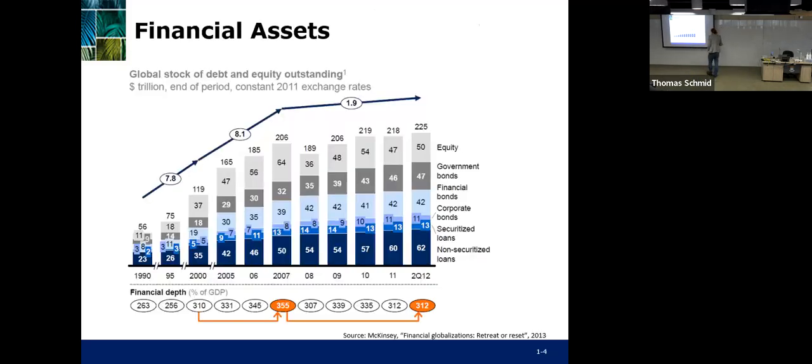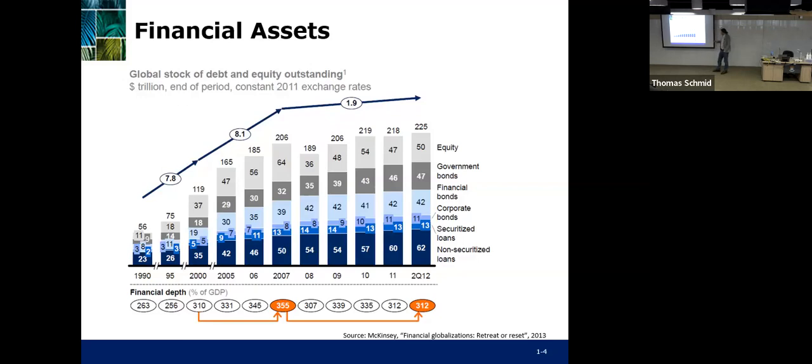So, having that in mind, I want to show you a little bit about the growth of financial assets over time. This picture shows you data from 1990 to 2012. There is newer data available, but it's not as detailed as this one, unfortunately.